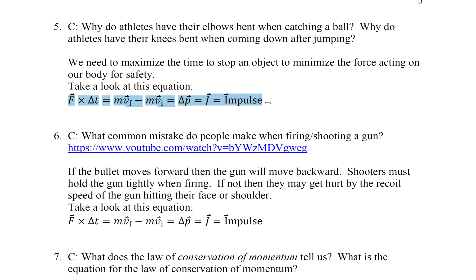If we have v final to be 0, the left-hand side is F delta t, the right-hand side is minus mv initial. So for safety reasons, we want delta t to be as big or large or long as possible. The F that we feel, the force, is a push or a pull. So the force we feel is going to be as small as possible.